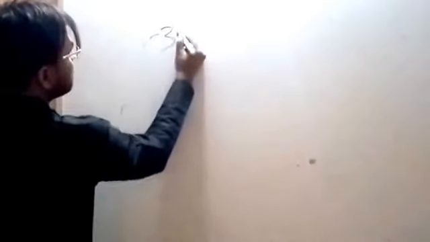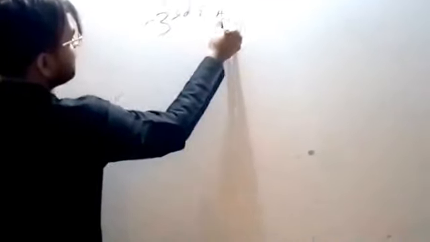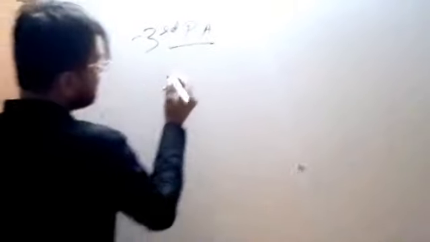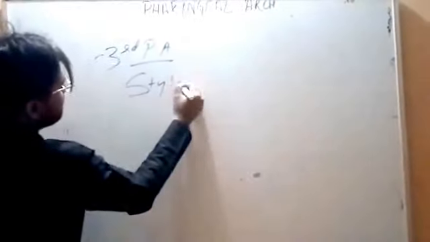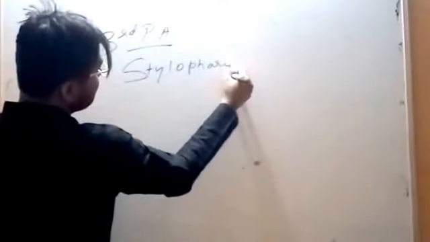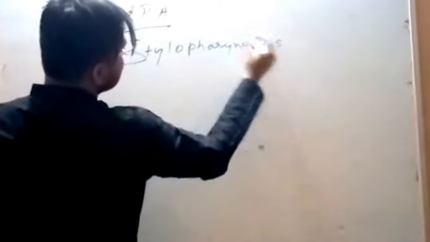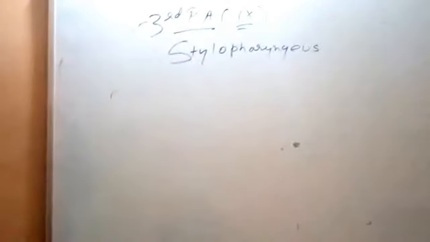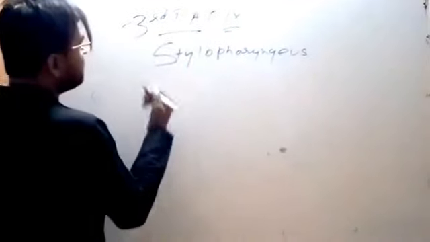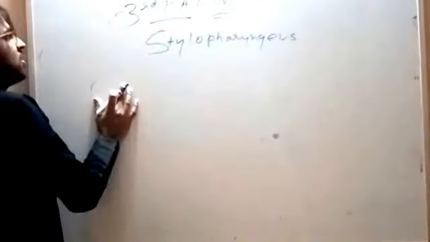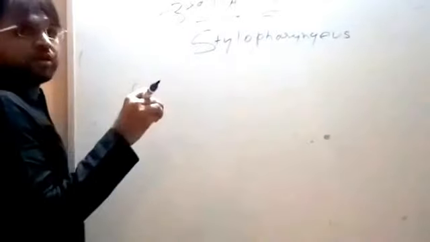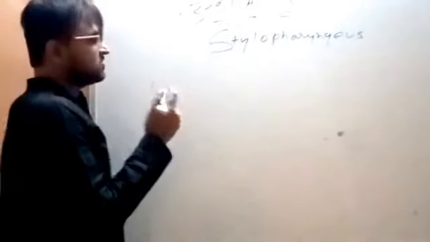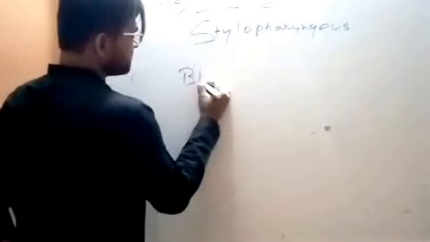Third, nothing much, only one muscle, that is your stylopharyngeus, and the nerve which grows there is your glossopharyngeal. Apart from this, what happens? Now a very important and frequently asked MCQ. Some mesoderm starts getting condensed and gives rise to blood vessels.